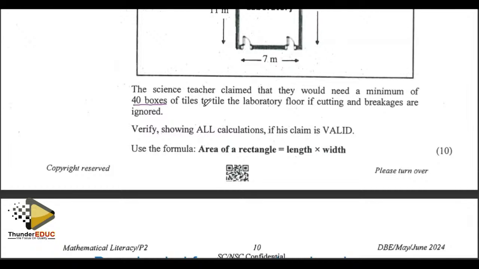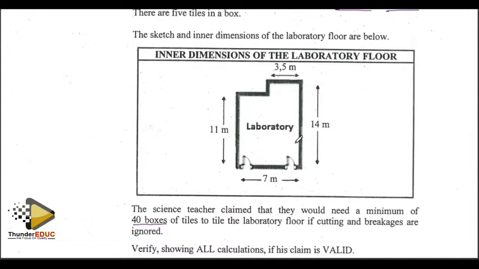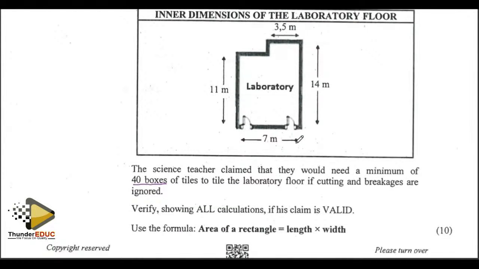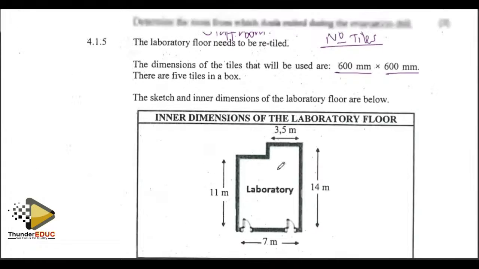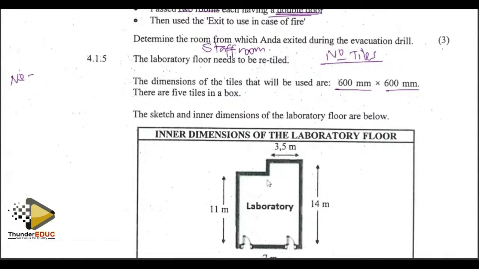So let's find out. Remember, because here we need to find the number of tiles, and again we put them in boxes. So I'll use this space here a little bit. So number of tiles will equal the area to be tiled divided by the area of only one tile.